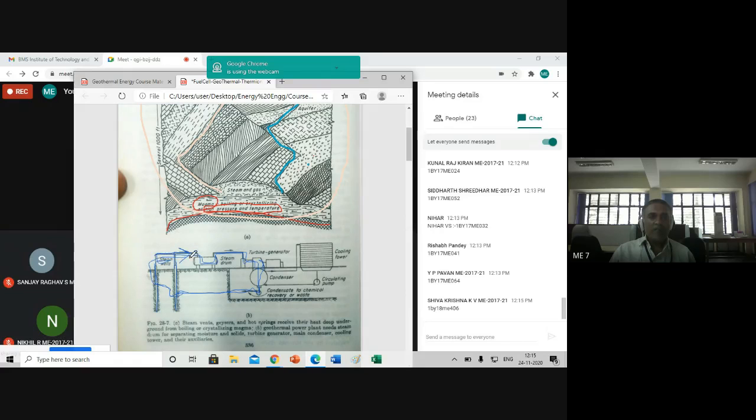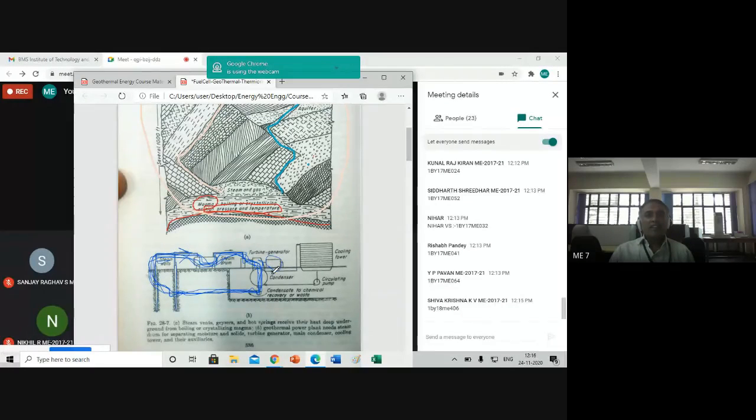I'm drawing the closed path circuit, so that this is the movement of the steam. So this is the steam flow circuit path. This is the working. Later on, this generator is coupled here.